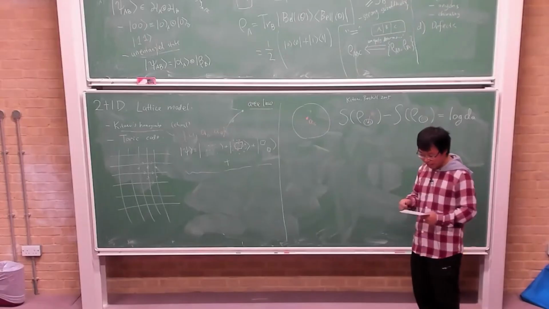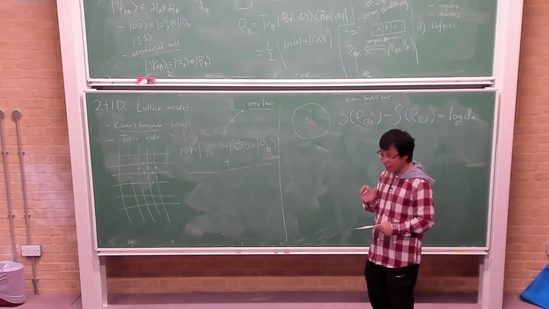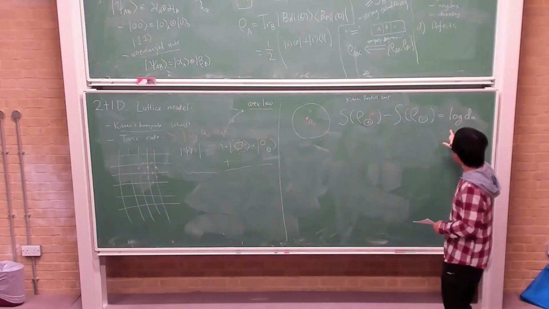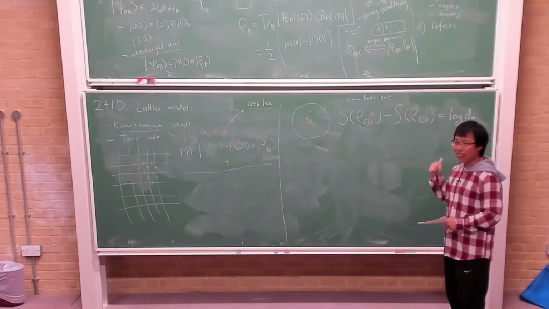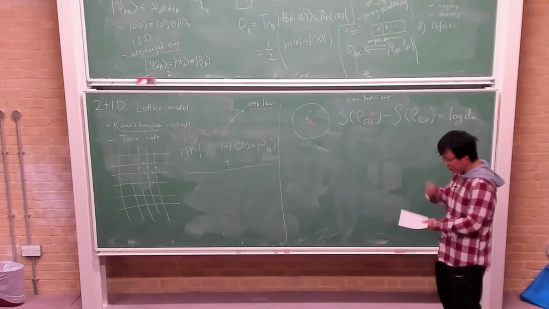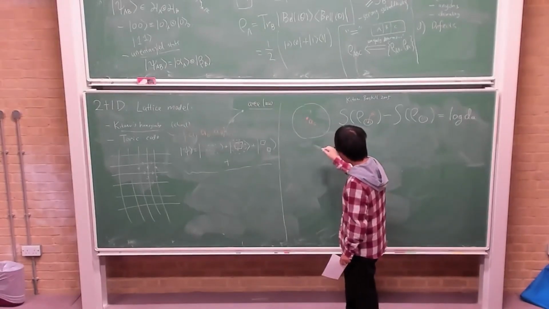That's a formula I have been staring at for quite some time when I was a grad student. I tried to understand why this is true, why the logarithm of the quantum dimension of the anion shows up. Well, after a few years, I made some progress, but let's make some comment on this formula.